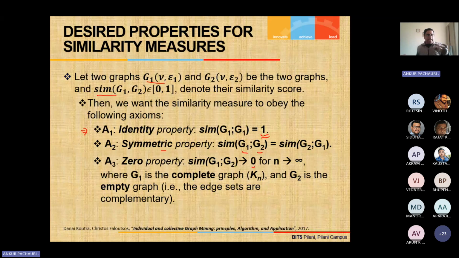So if the similarity is reducing, our algorithm should be able to capture that, and when both graphs become complements of each other, the similarity score should move towards 0. The algorithm should be capable of changing the similarity scores, increasing or decreasing.